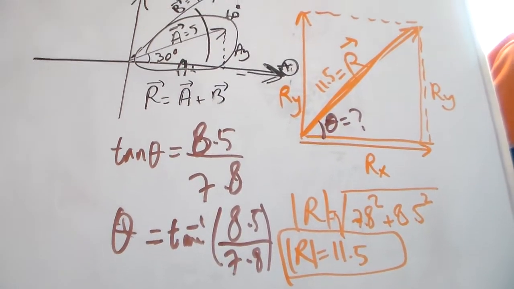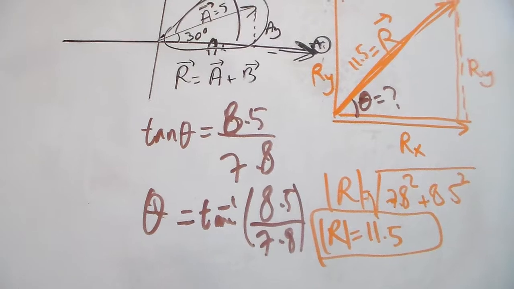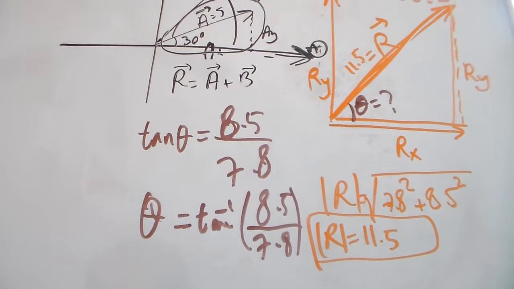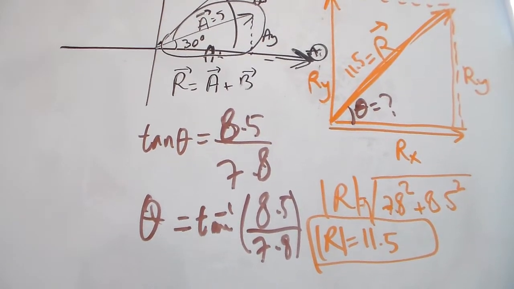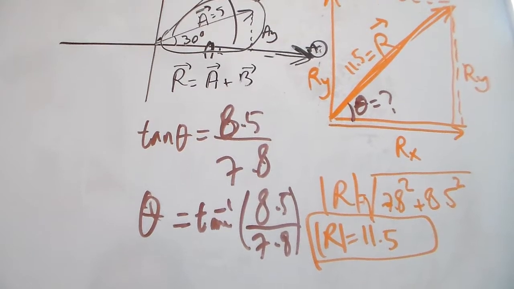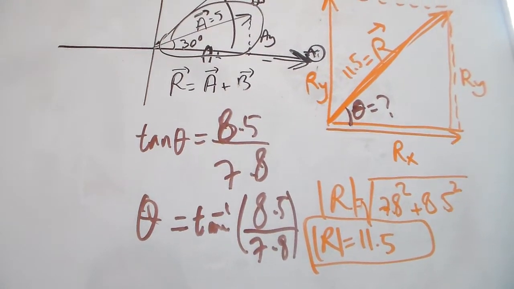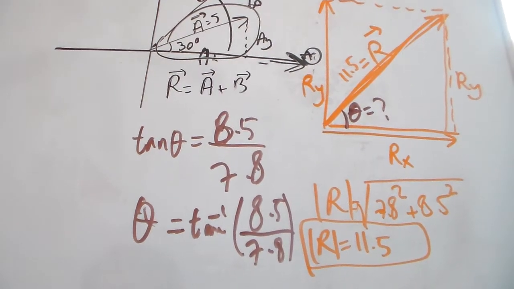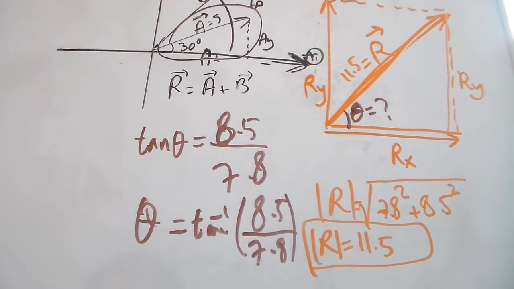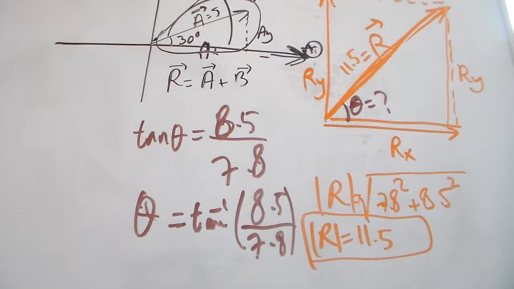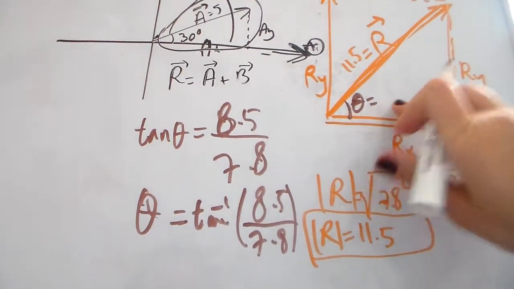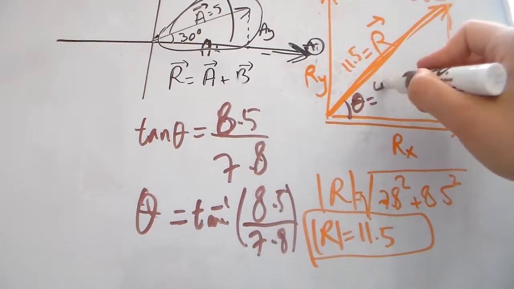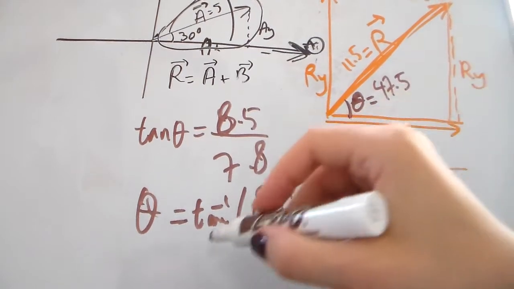And then you just have to plug it into your calculator. Let's see what it is actually. So tan inverse of 8.5 divided by 7.8, and that should give us the angle, it's actually 47.5. So the angle theta here is now 47.5.